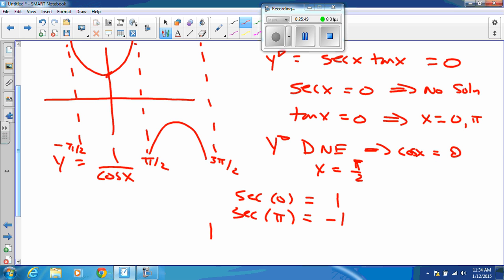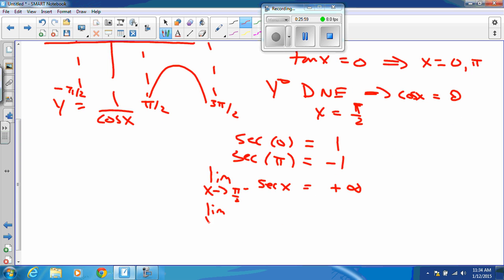So now I consider limits, and I take the limit as x goes to pi over 2 from the left, and I get positive infinity. And I take the limit as x goes to pi over 2 from the right, and I get negative infinity, and that tells me the same information that my eyes told me from the graph.